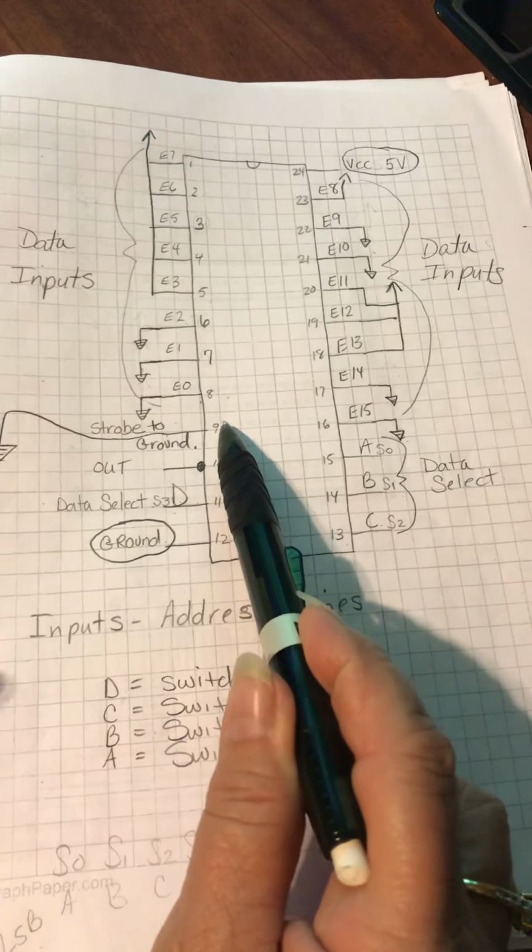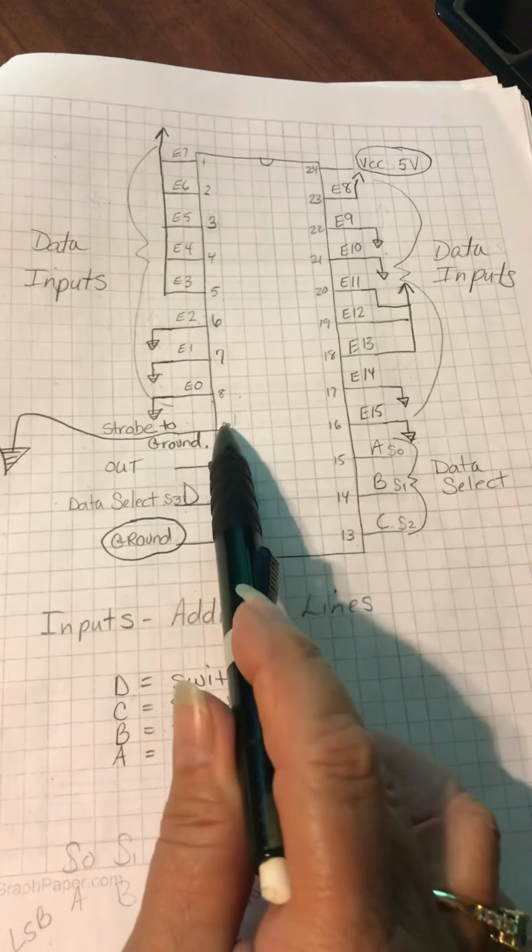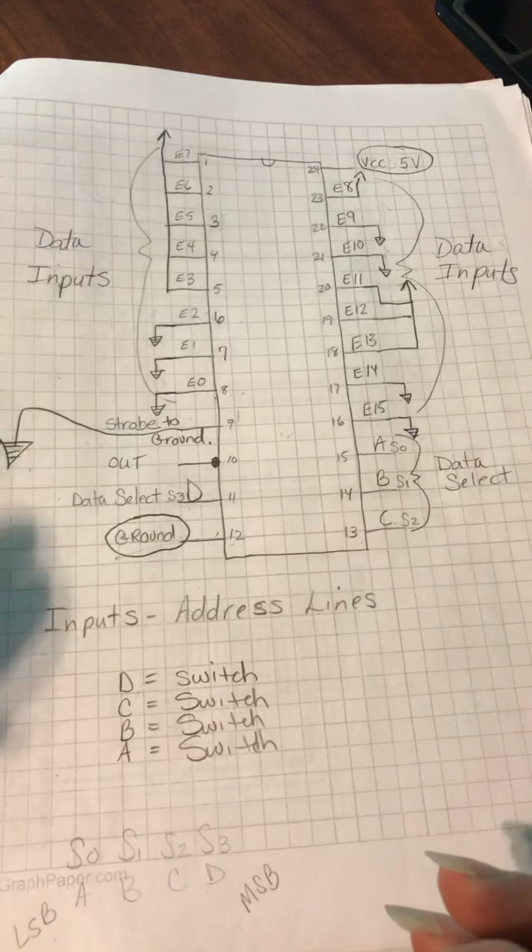This pin has a strobe. The strobe is only activated and will activate your 74150 when you put pin 9 to ground. Pin 12 is your regular ground, and then VCC is pin 24. You have to put that to 5 volts, okay?